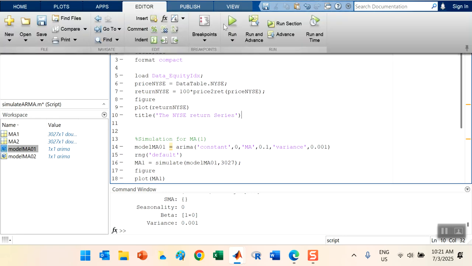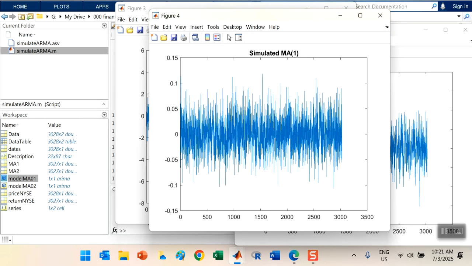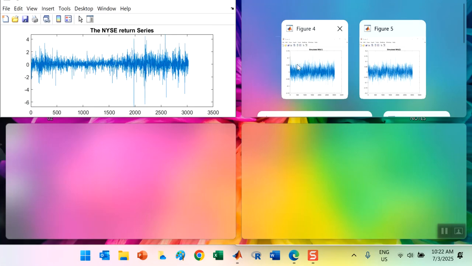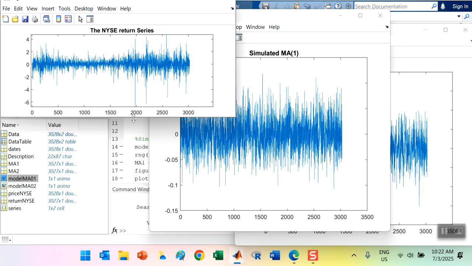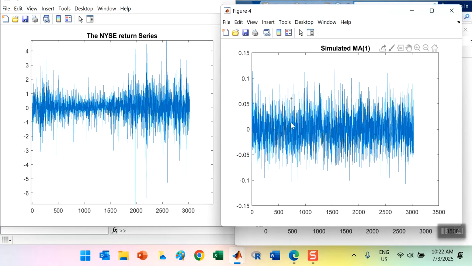So let's see how good the fitting is. Of course, by just looking at this, you can see the differences between them. So this is the actual returns for NYSE. What I can say here is the difference between the simulated result and the actual returns of actually any stock market: you might see huge numbers of up to -6, up to +4 or 5, isn't it?